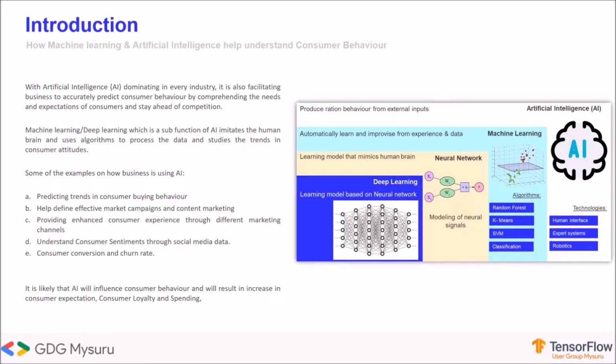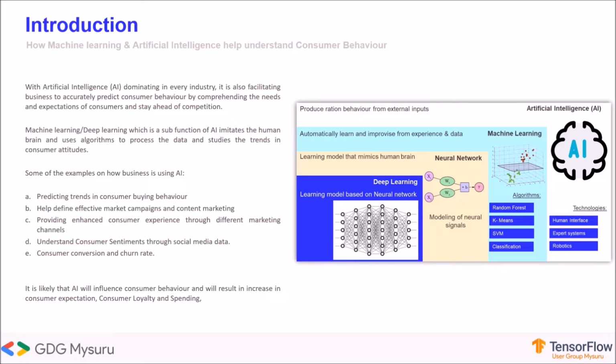It also includes e-commerce data, consumer conversion and churn rate, especially in the FMCG sector, and I will definitely mention the banking and finance sectors, where loyalty plays a major role.